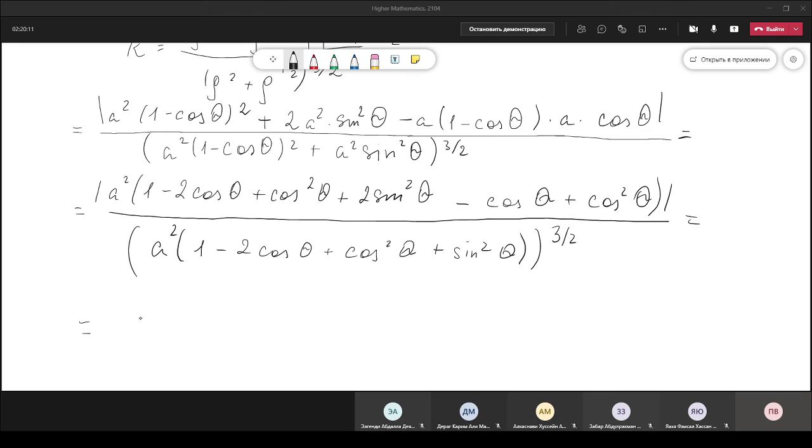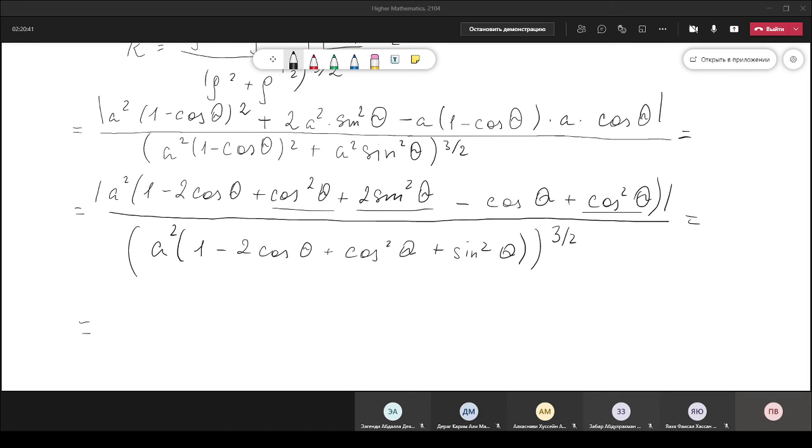equals a squared. Here what do we want? Cosine plus cosine is 2 cosine. 2 cosine plus 2 sine squared of this squared. It is 2. Just 2 because sine squared plus cosine squared, it is trigonometric unit.